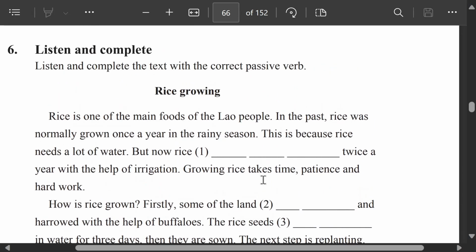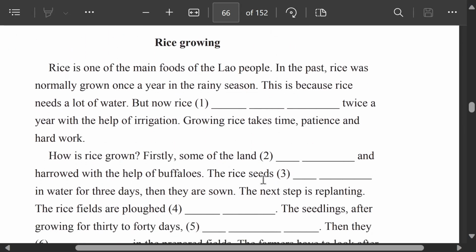Listen and complete. Again, another listening. Can you feel this?